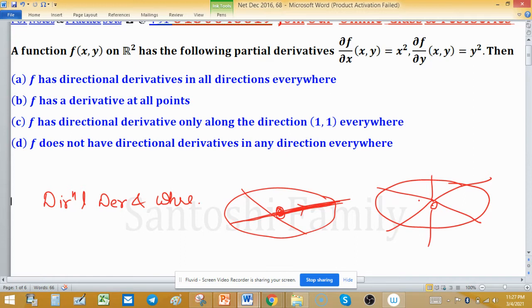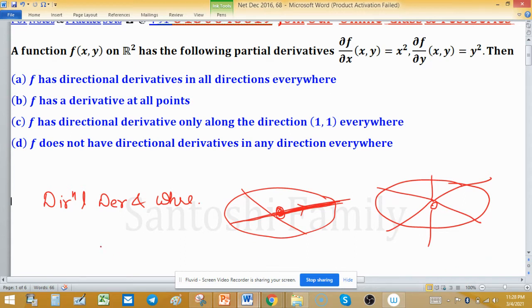Now if a function is differentiable at a point, it means the function is continuous at that point, but directional derivative does not imply continuity at that point. So this is the little bit of difference between options A and B, but they are quite similar here.